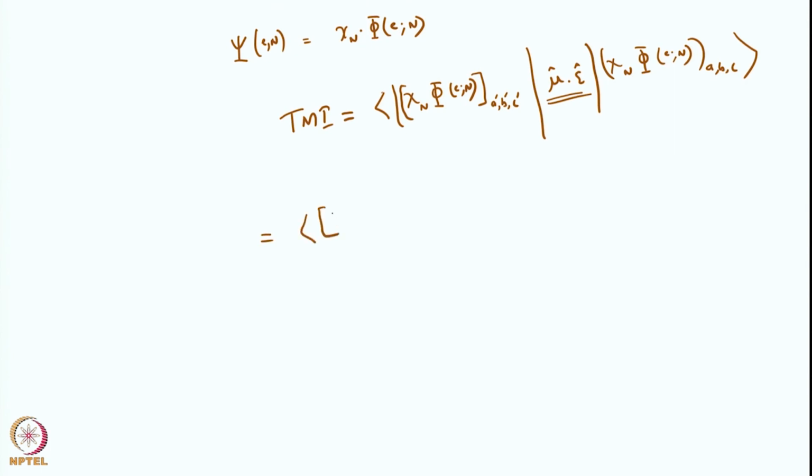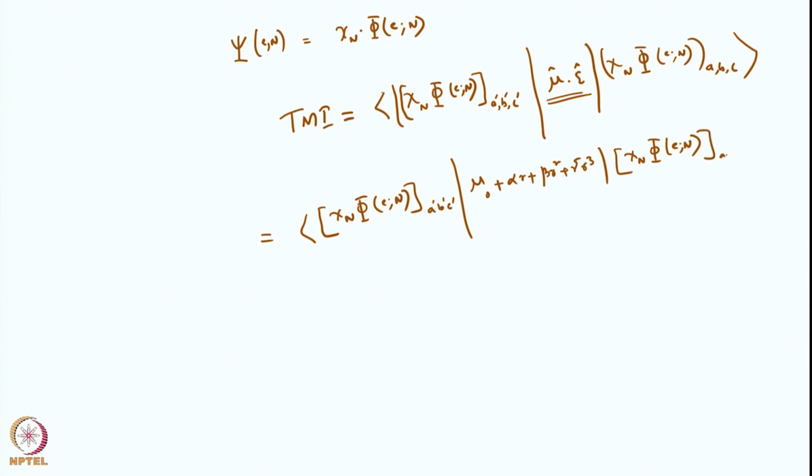It is chi n phi E n whole thing of A prime, B prime, C prime, mu naught plus r plus beta r square plus gamma r cube, multiplied by chi n phi E n whole thing of A, B, C. So, I am looking at such a transition moment integral.